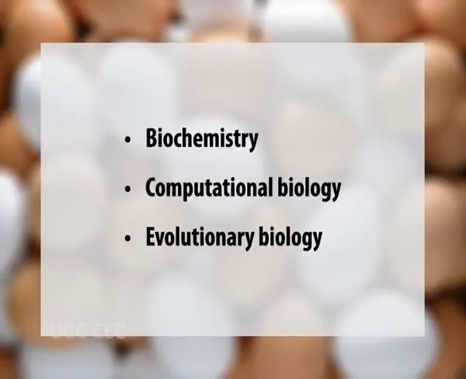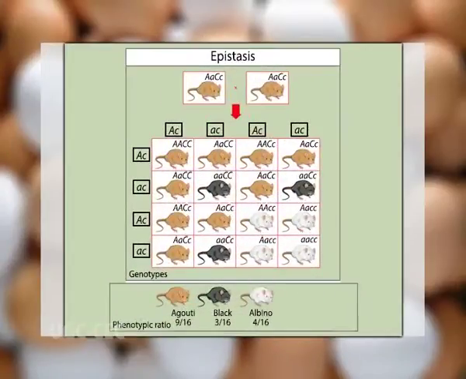It was originally a concept from genetics, but it is now used in biochemistry, computational biology, and evolutionary biology. It arises due to interactions either between genes or within them, leading to nonlinear effects. Epistasis has a large influence on the shape of evolutionary landscapes, which leads to profound consequences for evolution and evolvability of phenotypic traits.